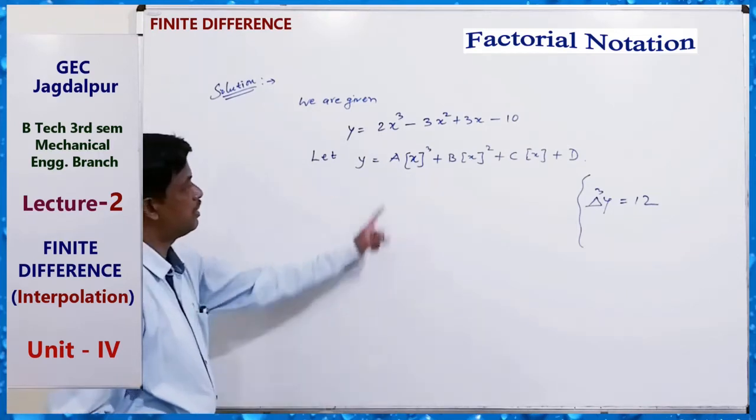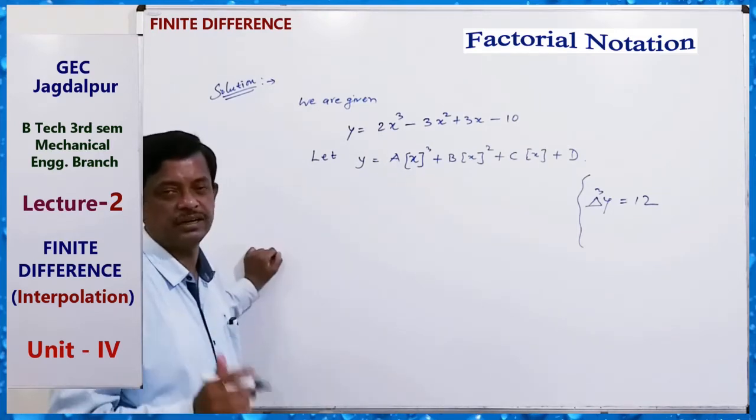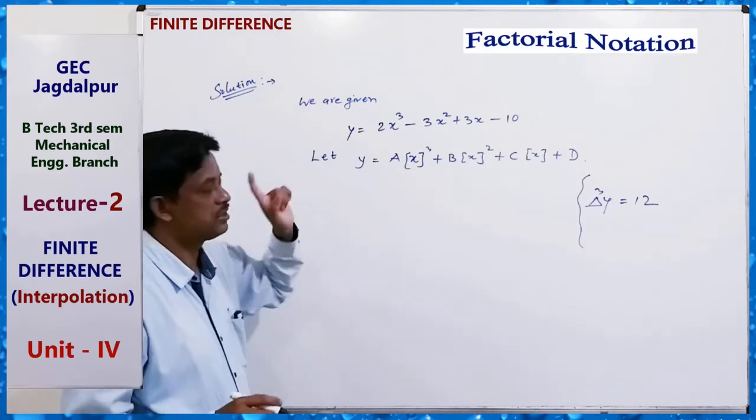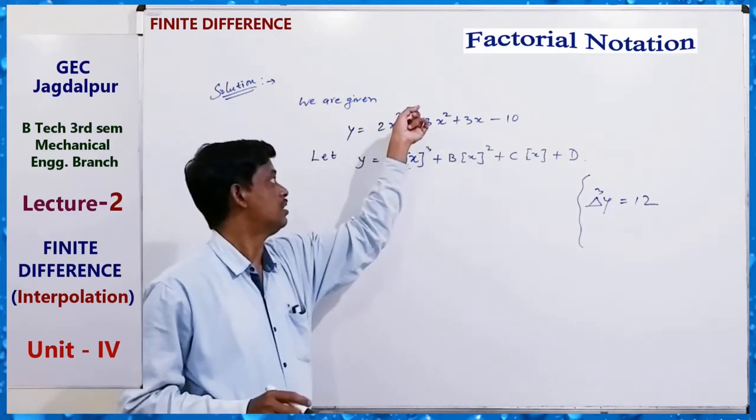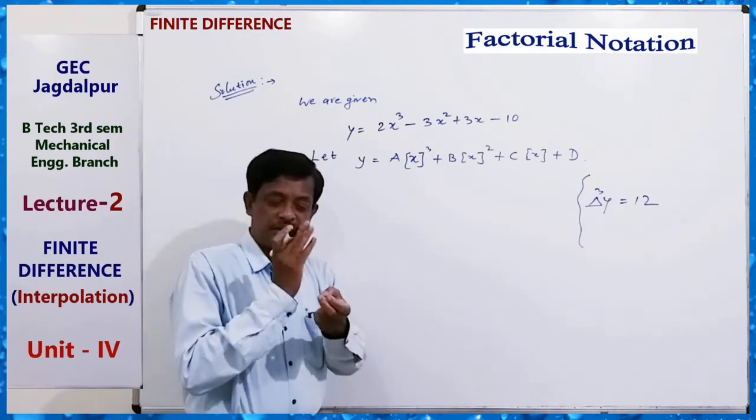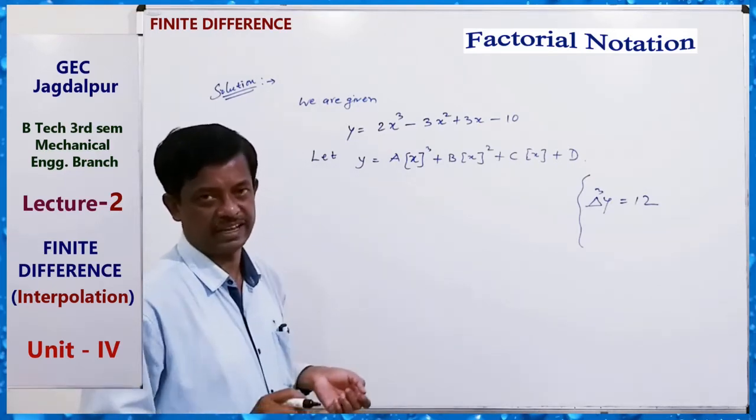Now, for finding a, b, c, d there is a method. First write the given polynomial in descending powers of x.